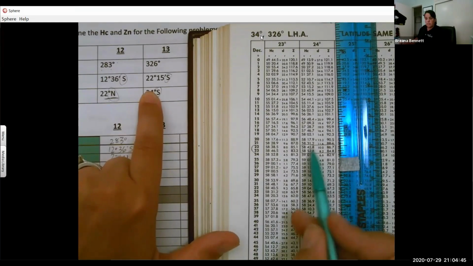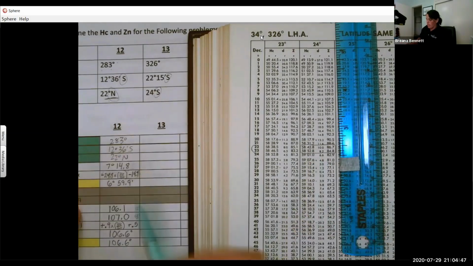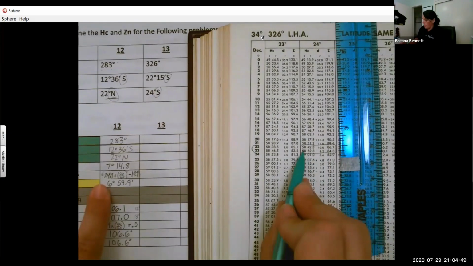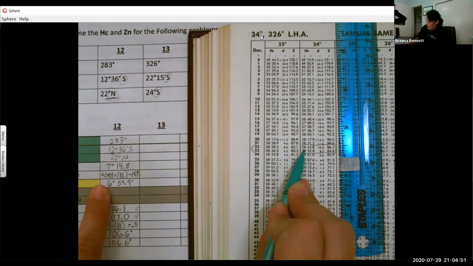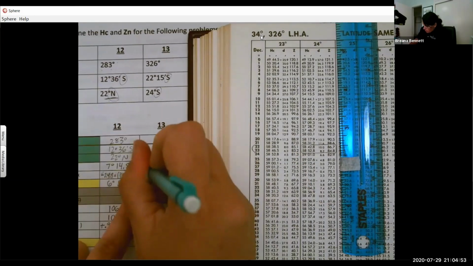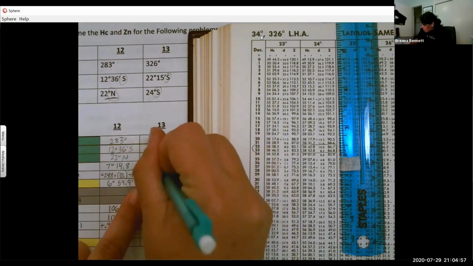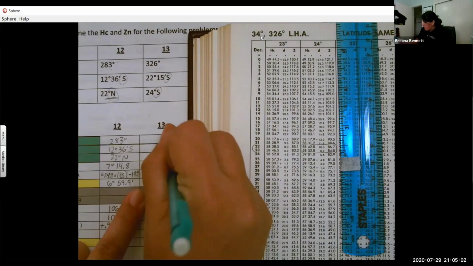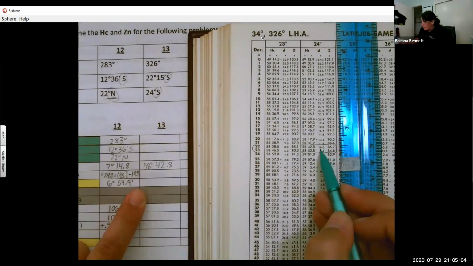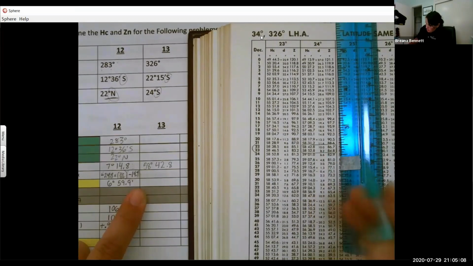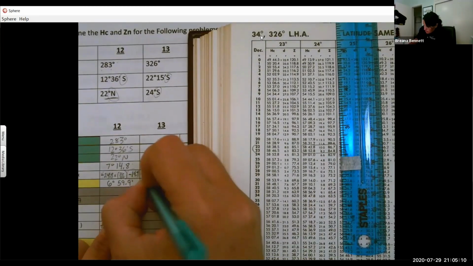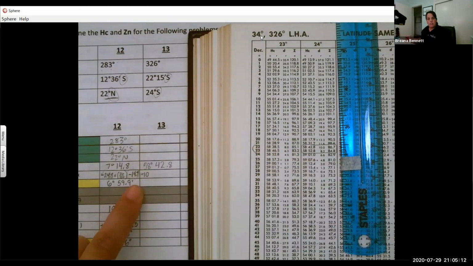I'm in between these two. When I write this in, I'll start with my HC. So I have 58 degrees, 42.8. And then I have a D as plus 10. I'm going to put a plus 10 right there.